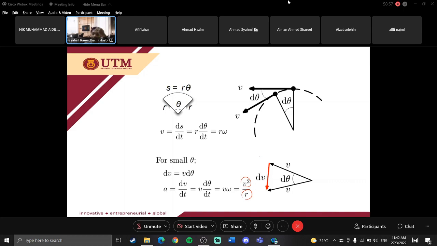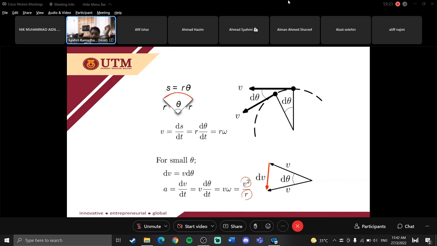Basically, it's based on the arc analysis. When the particle moves in a curved path, it's just like an arc, the length of this arc. The length of this arc can be determined based on s equal to r theta.